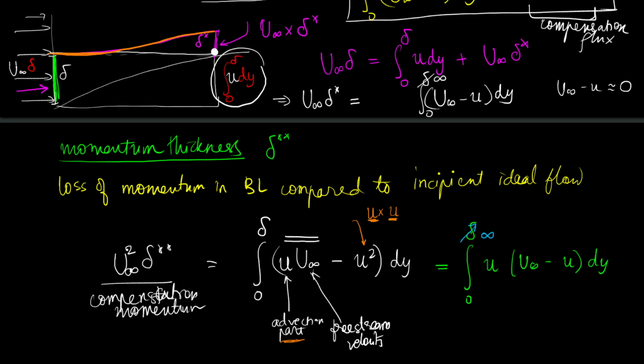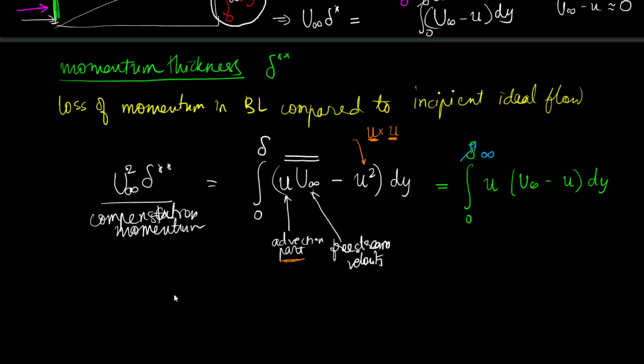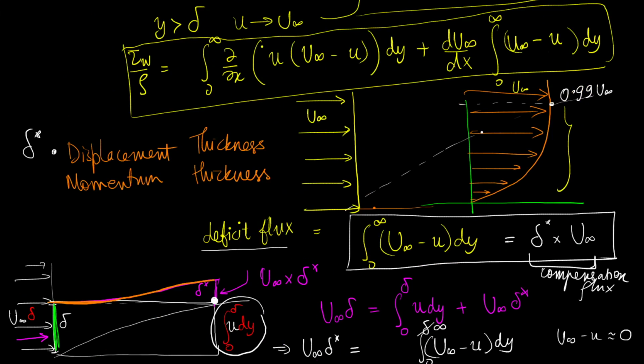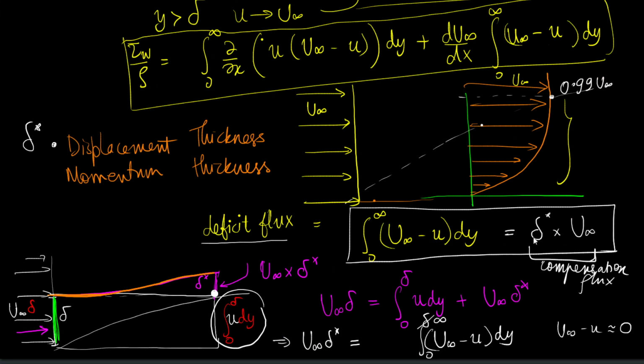So therefore we have two definitions. The first definition is delta star, and delta star was this. So if we divide everything by u infinity, this term becomes 1.